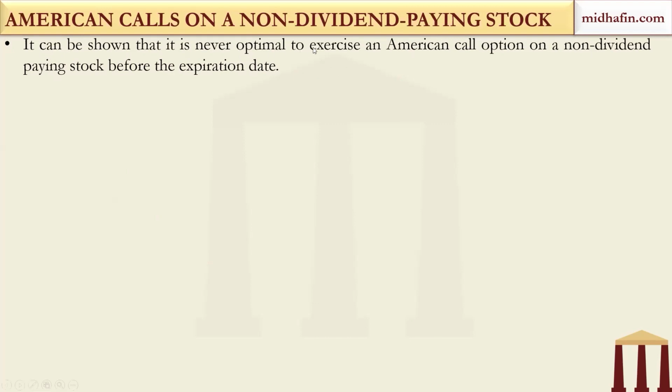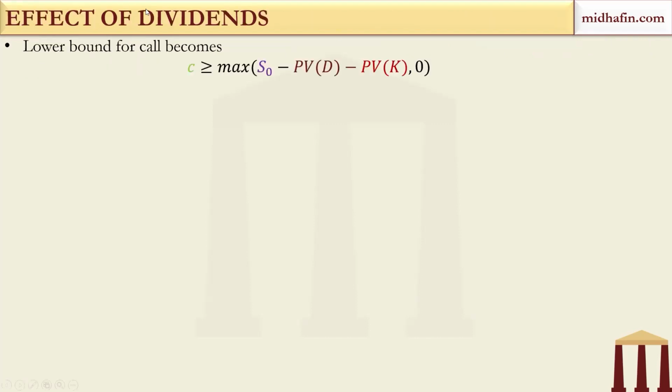But the takeaway is that it is never optimal to exercise an American style call option on a non-dividend paying stock before the expiration date. For a put option, there can be scenarios where an American style option can be exercised. Okay. But it is never optimal to exercise a call option. Okay, never.